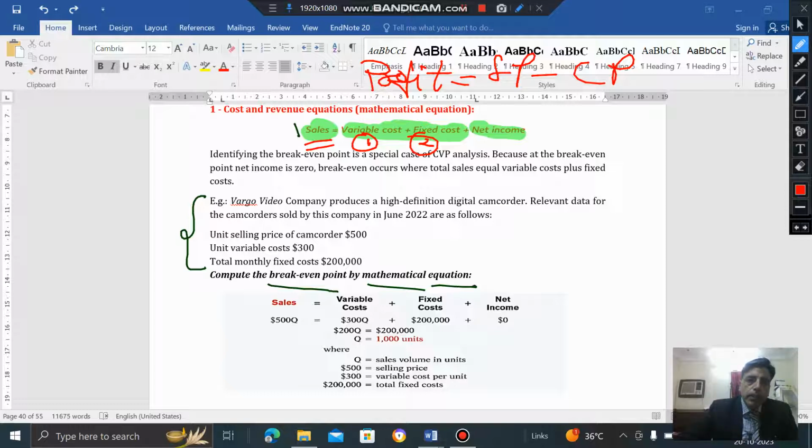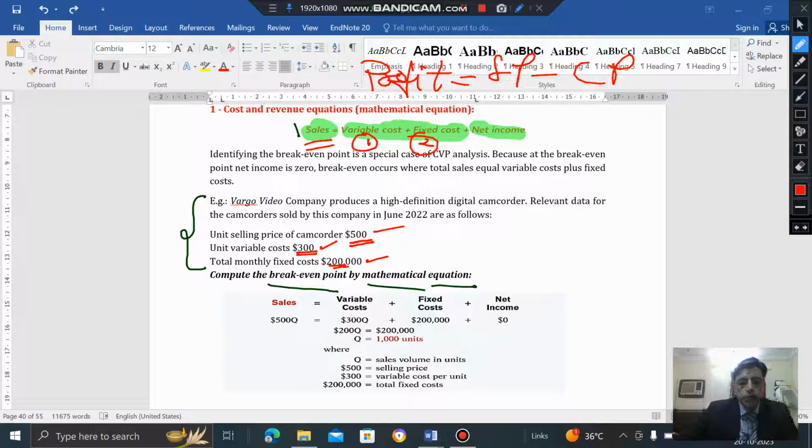Now see the question here. First of all, see a simple question, then I'll come to some complex questions. Selling price is, as mentioned here, $500. Unit variable cost is $300, and the total fixed cost is showing here as 200,000.